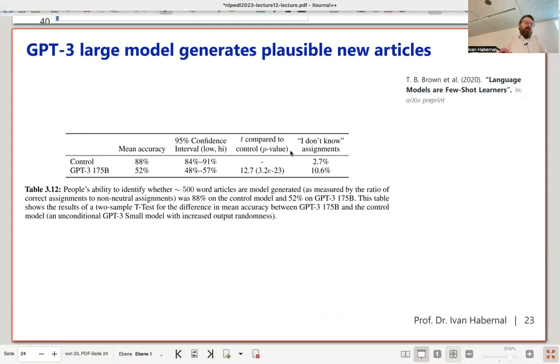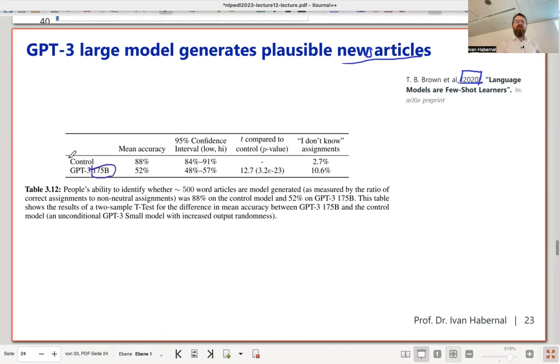Now something which is not surprising, because we live in the world of ChatGPT, so we know all that. But in 2020, four years ago, before the world knew about ChatGPT and everybody was using it, they tried to generate news articles with the largest model, GPT-3.